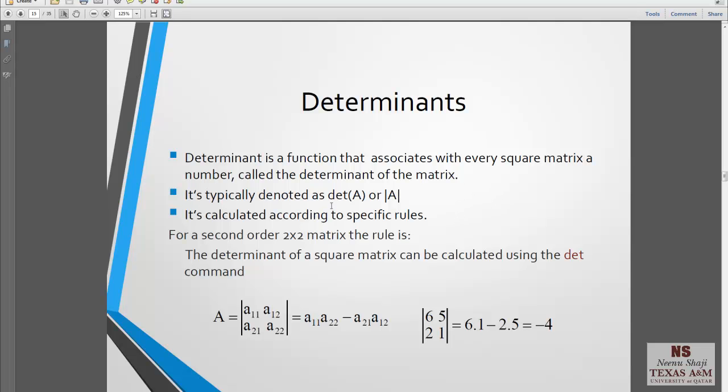It is typically denoted as det of A or determinant of A. It is calculated according to specific rules. For a second order 2 by 2 matrix, the rule is A11 multiplied with A22 minus A21 multiplied with A12.